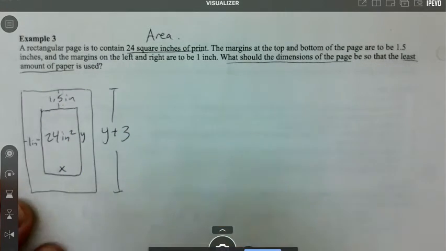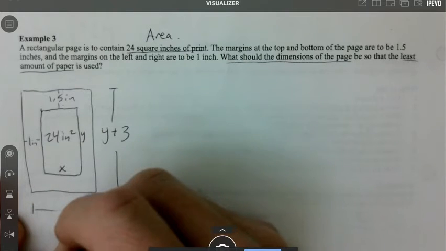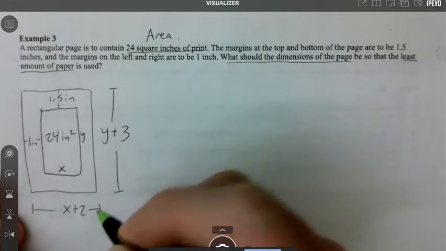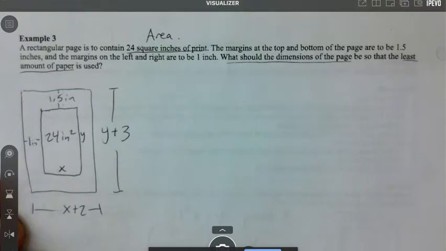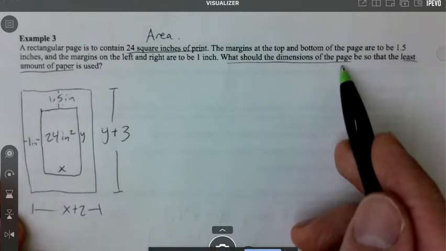Similarly, going side to side, I've got X plus 2 because I have a 1 inch margin on each side. So that's where my X plus 2 comes from. Basically, it's asking about the dimensions of the page.